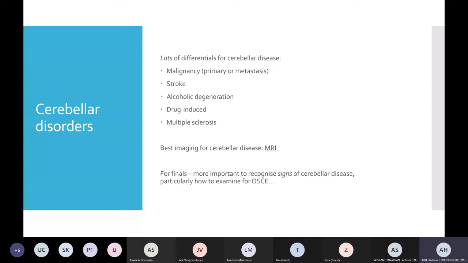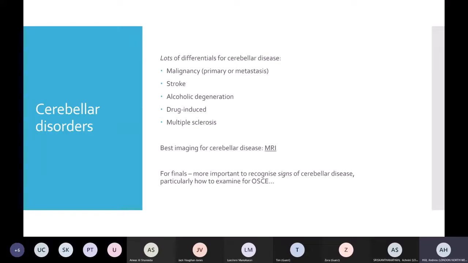But there's other acquired causes too, notably things like stroke or traumatic brain injury, where you can directly damage or have infarction of the brain matter, multiple sclerosis and demyelinative disease, and things like neurodegenerative disorders and malignancy too.